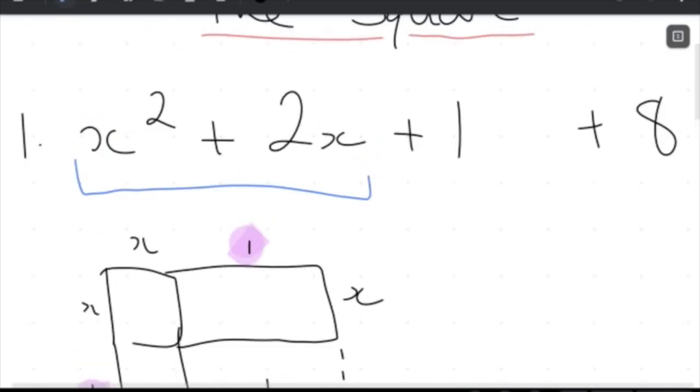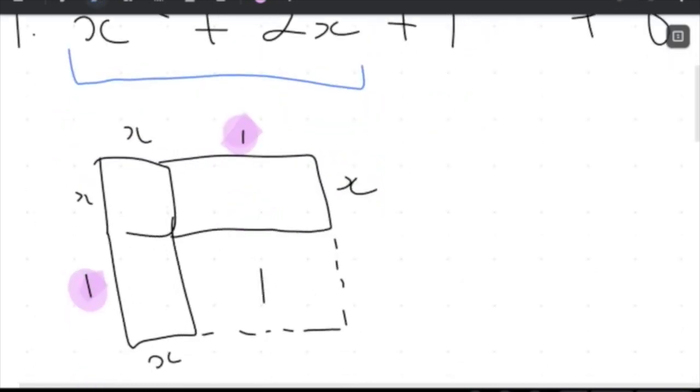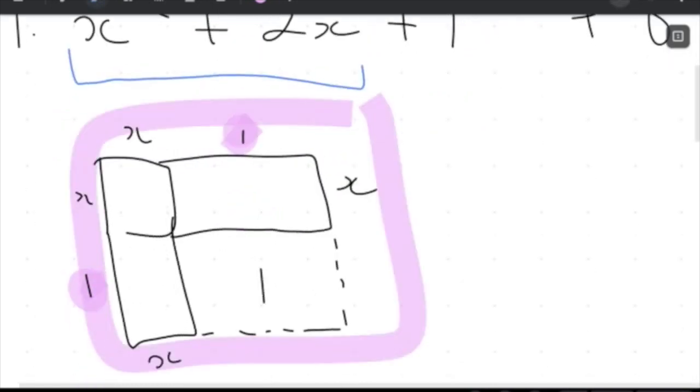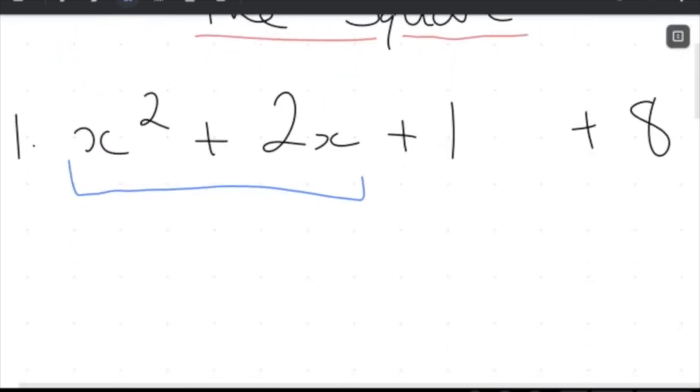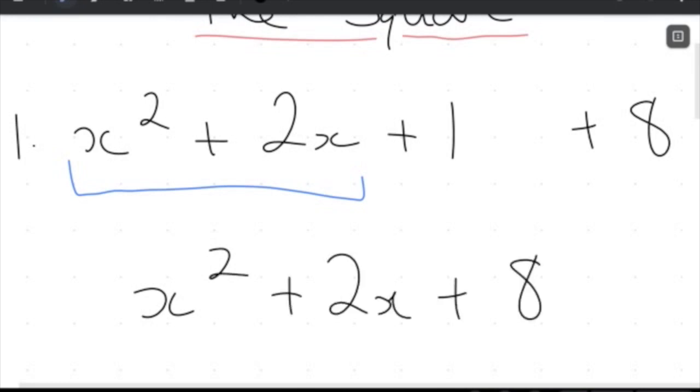Because now this entire expression I can factorize into a perfect square based on this idea that we looked at down the bottom here, which we talked about at length in the previous video. But what I want to do is I don't want to fundamentally change my expression x squared plus 2x plus 8. These two, top and bottom, are not the same. So we require a little bit of mathematical gymnastics, a little bit of manipulation of these terms.